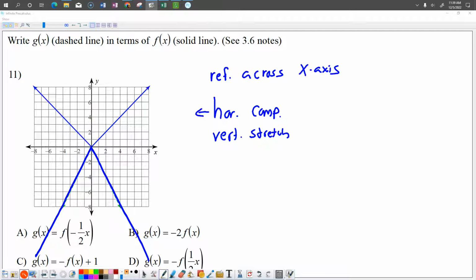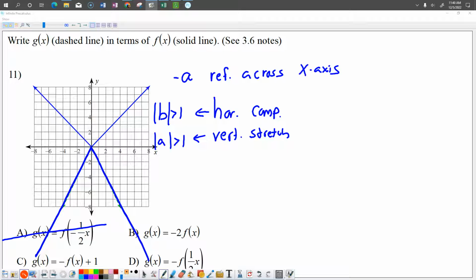In this case, the horizontal compression would mean that the absolute value of B is greater than 1, and the vertical stretch would mean the absolute value of A would be greater than 1. Finally, reflection across the x-axis means that A is negative. So we're looking for a negative A, first of all. That gets rid of option A there.